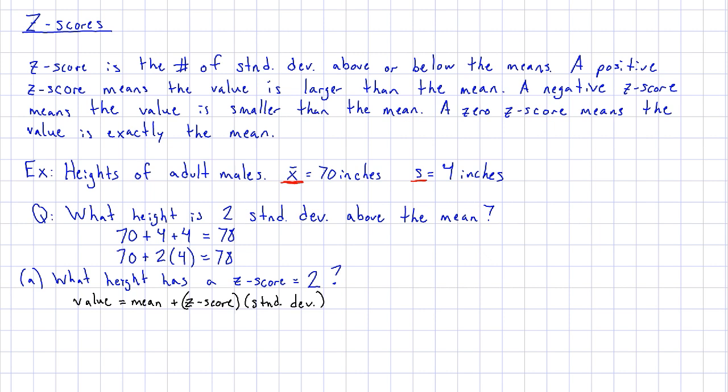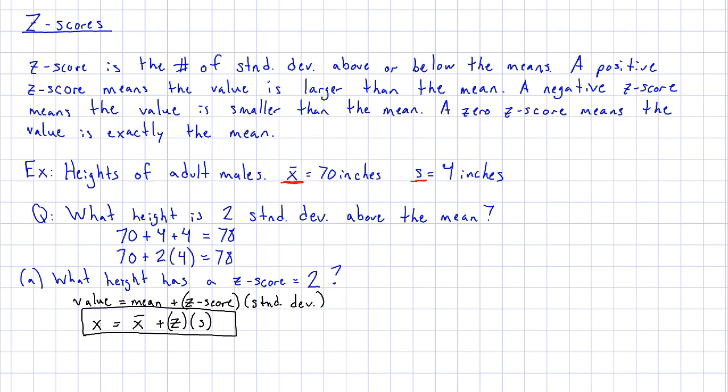If I'm writing that with letters instead of words, as our mathematical language, this will be x equals x bar plus z times s. And that's the same thing. That's the question that's being asked. This is a formula that you should know and remember, because given a z-score, you will be asked to pull the value that is associated with that z-score.